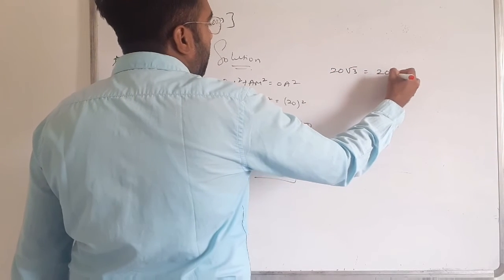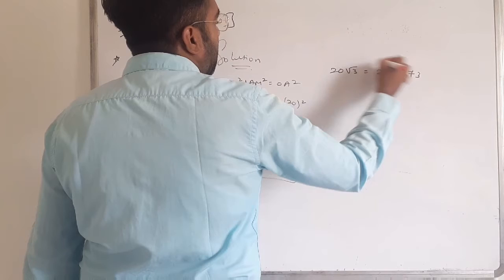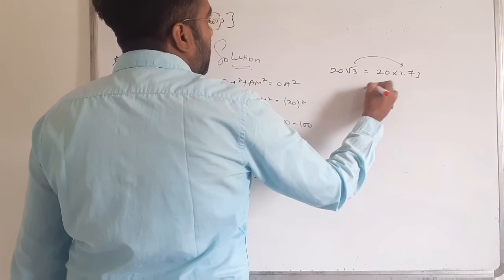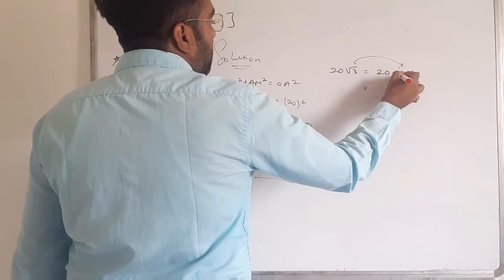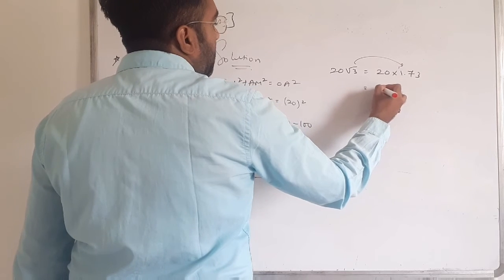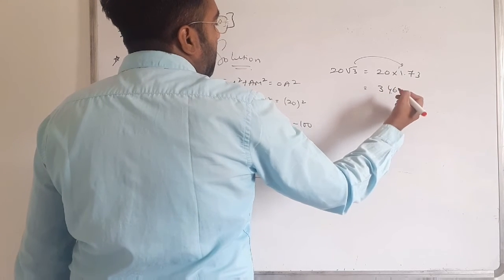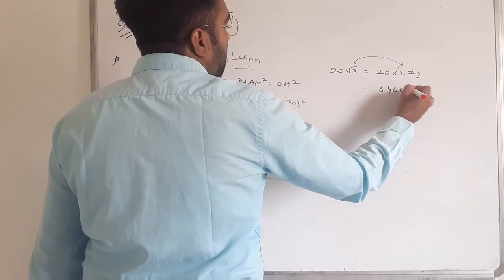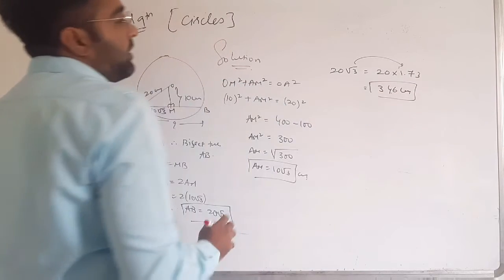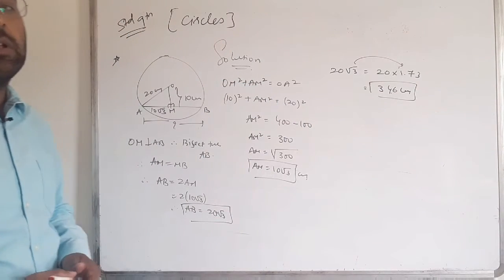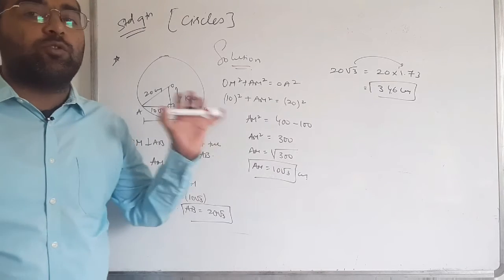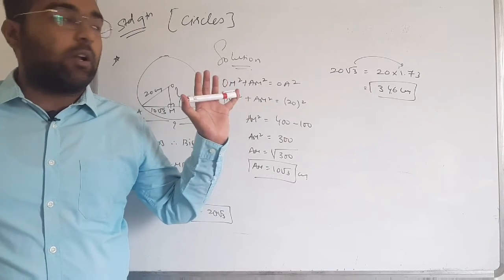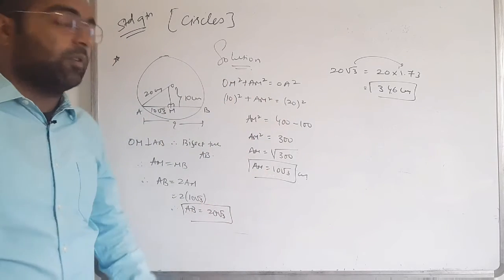So you should multiply 20 by 1.73, which is the value of root 3. So 3 2s are 6, 7 2s are 14, 1 carry, 2 1s are 2 plus 1 is 3. Okay, so your answer will be 34.6 centimeter. If answers are given in the options as decimal numbers, then you should convert the values of the root.